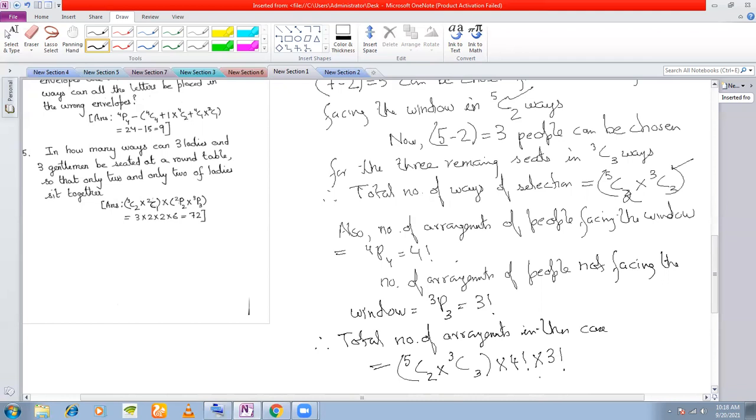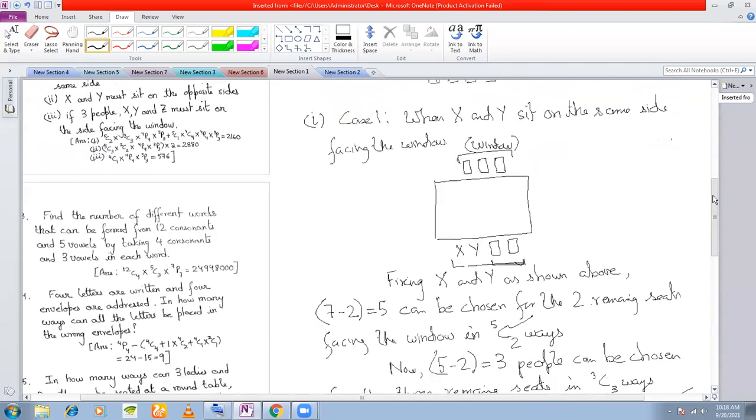Is this clear? This is the number of ways in which people will sit on the same side of the window, but this is only case 1, right? You can have the other case also, where X and Y, instead of sitting here, are sitting on the same side, so X and Y can sit here also, isn't it? So let's consider that case.